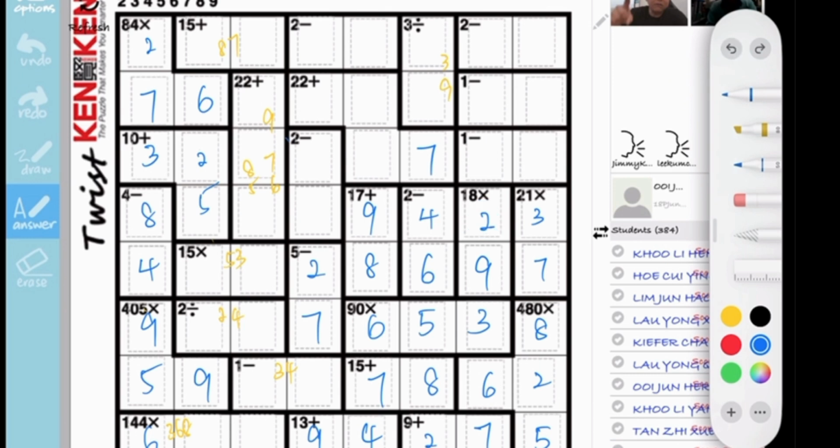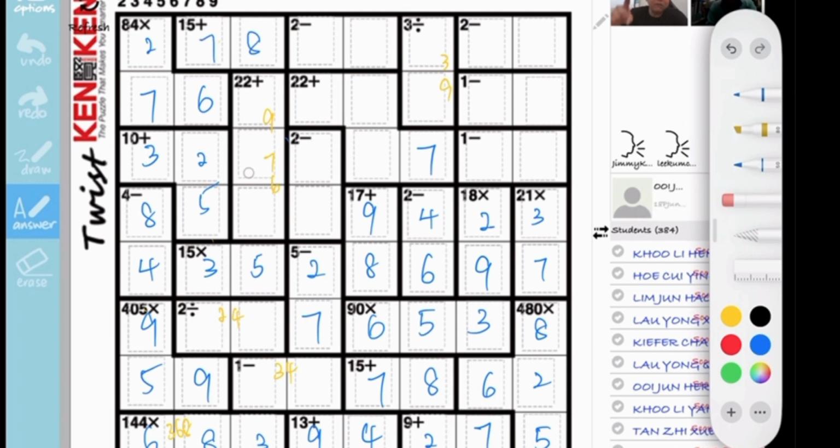Yeah. So next up, the 5 must be here, 3 must be here, and having a 3 here, the 3 at the last row must be here. So here we have 8, and having an 8 in the second column, here must be 7, here must be 8.